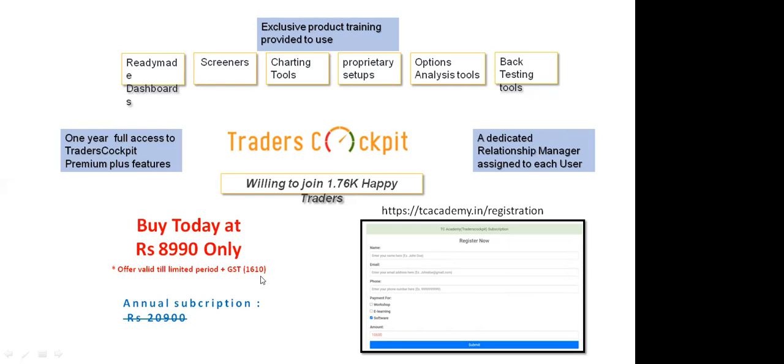Mr. Suhas is asking how to get an inside candle screener. Mr. Suhas, we will assign an inside candle screener to your account when you go with us. I'll show you. For example, if you go to my cockpit, I'll take the screen here.